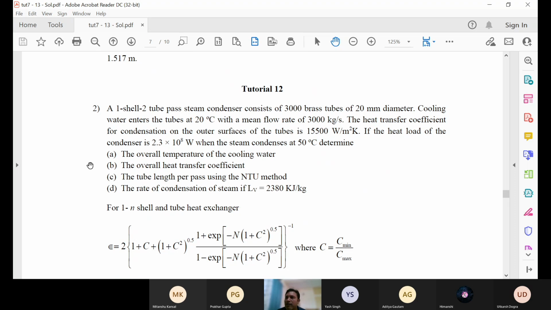And CC is nothing but MCCPC. MCCPC you can calculate because the flow rate of the cooling water is given, that is 3000 kg per second. If you multiply by the specific heat, you can calculate the MCCPC.